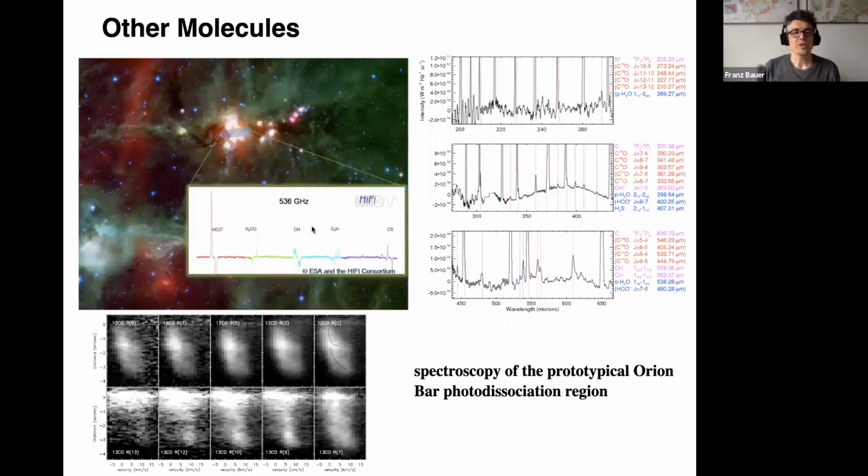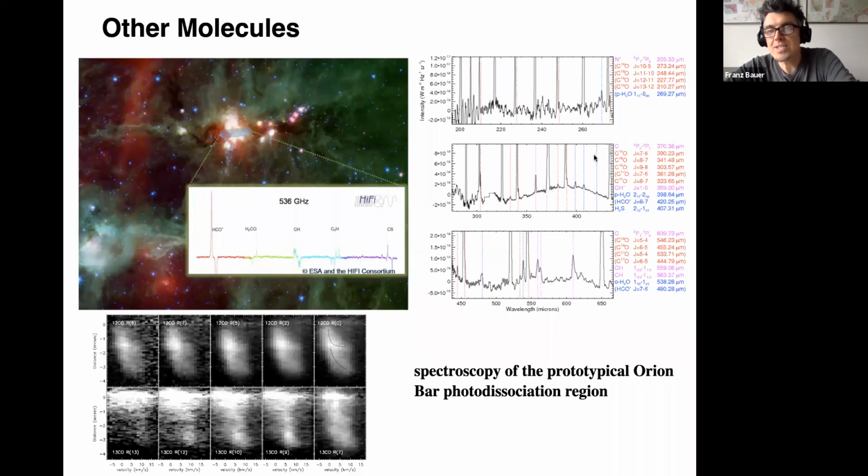And so when you look at a very gas-rich region, this is Orion, the Orion bar region, you can see that the spectra is very, very rich, it's got many, many bright lines. So the red ones here are CO, and they're CO of different isotopes. So this is CO, C18O, C17O, this is C16O, etc. And so you see they're very, very bright.